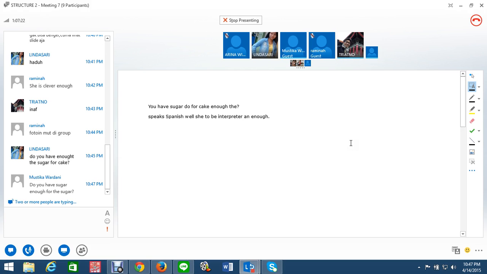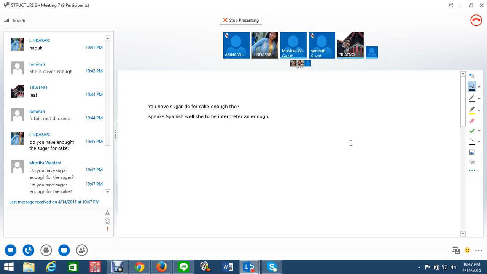Do you have sugar enough for the cake? Is it correct? That is wrong. Mastri said it's still wrong, Muti. You have to remember how we use enough.